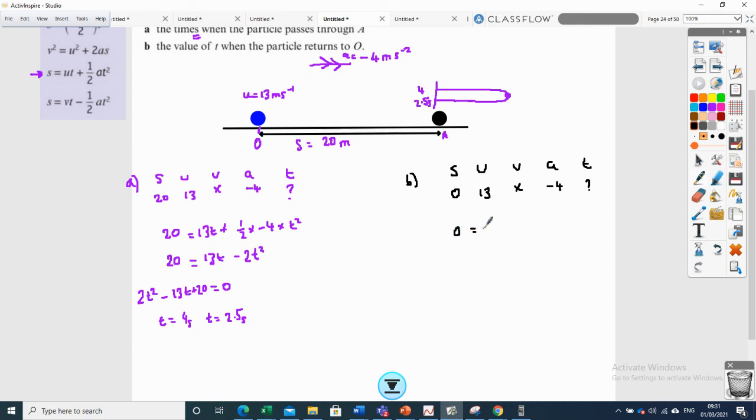0 is equal to 13t minus, let's do the multiplication straight away, 2t squared. Rearrange, 2t squared minus 13t equals 0. I'm going to take t outside, so we've got t times 2t minus 13.